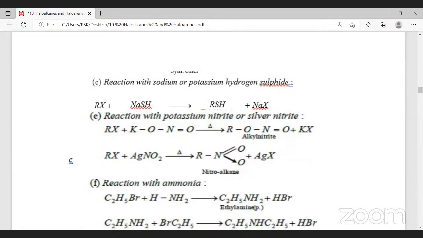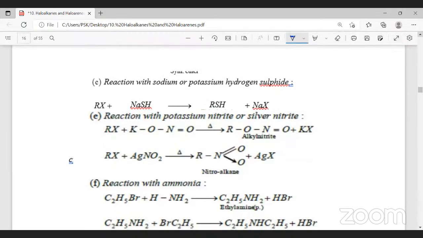Yes, sir. One more reaction and then we'll stop. This is the reaction with sodium or potassium hydrogen sulfide. Rx is an alkyl halide, so you can write CH3Br. This is allowed to react with sodium hydrogen sulfide, NaSH.